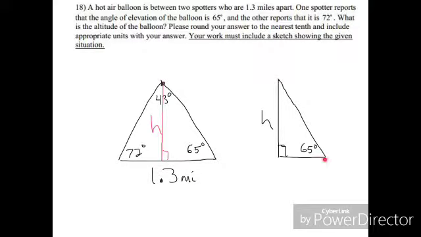So this side is something we can't easily find directly. But this side is, and that will be our hypotenuse, and then sine will get us H. So let's go back to this one and find this value, because that is the same as that.